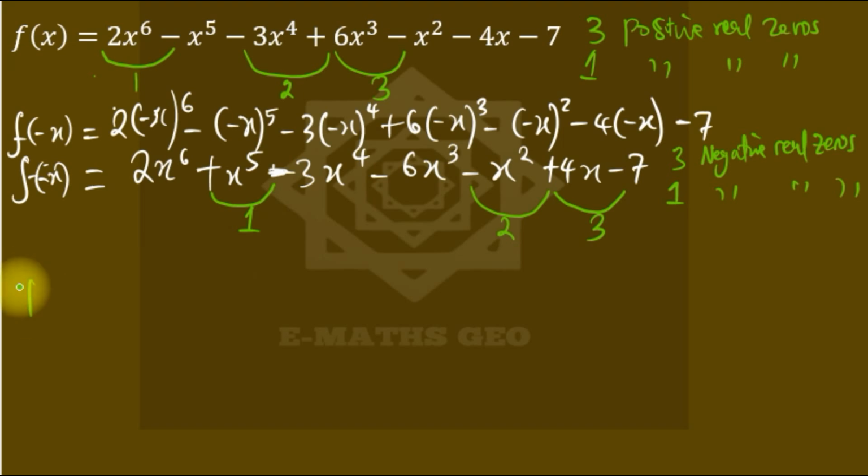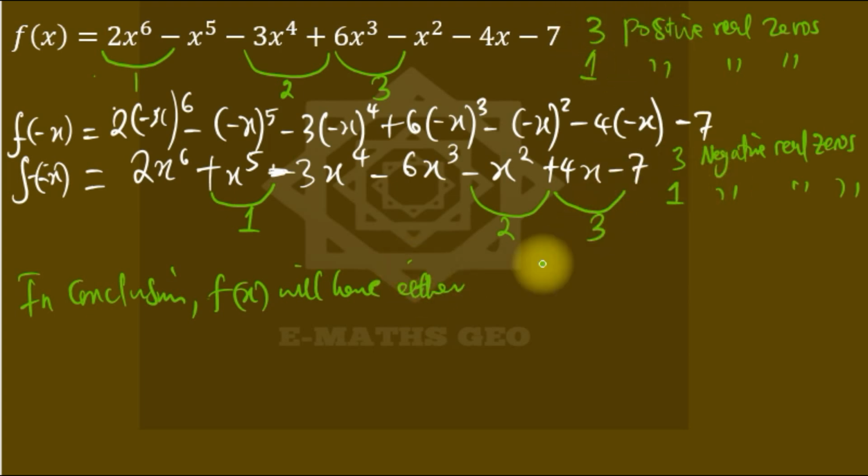In conclusion, for f(x), if we have 3 positive and 3 negative, it has 6 real zeros. If it has 3 and 1, that is 4 real zeros.